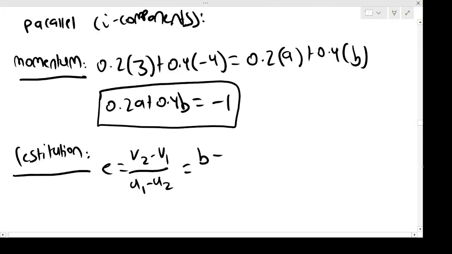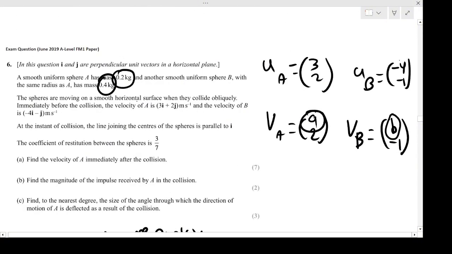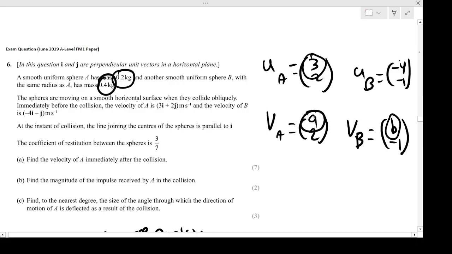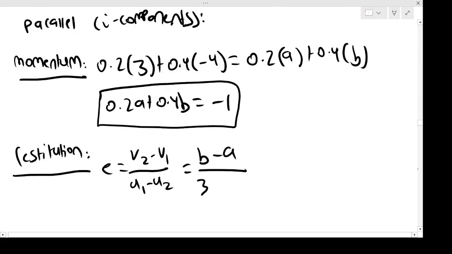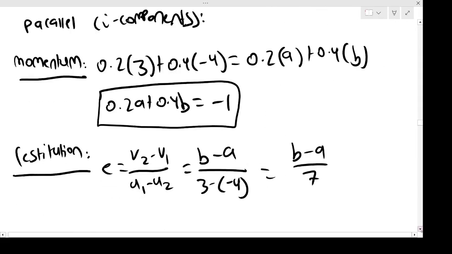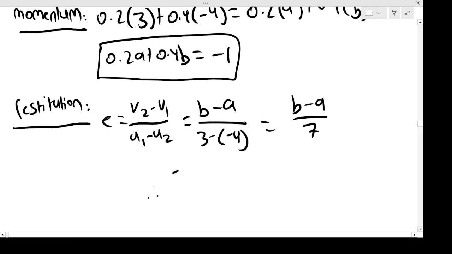Then I'm going to take away V1, which is going to be this i component A, okay? And then U1 take away U2. Well, U1 is going to be 3 and U2 is going to be minus 4. So it's going to be 3 take away minus 4. So that will simplify to be B minus A over 7, okay? And so E, I'm told, is 3 over 7, okay? So this is equal to 3 over 7.